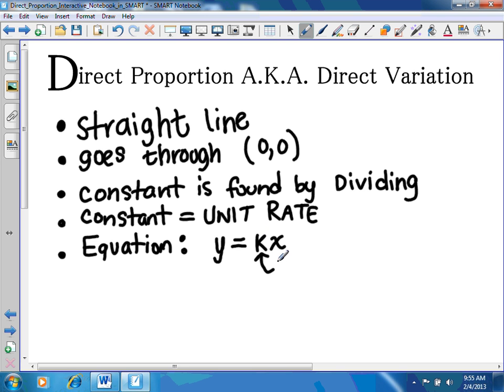And K stands for the constant. Here's the constant. Those are all the characteristics of direct proportion, which is also called direct variation. So now we're taking what we learned last week and building on it in order to do the work for this week.